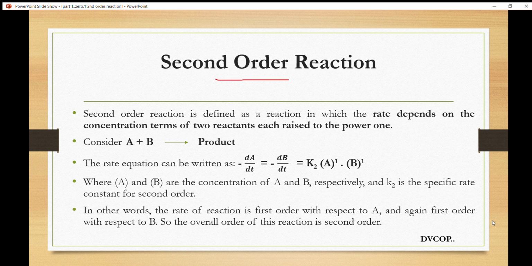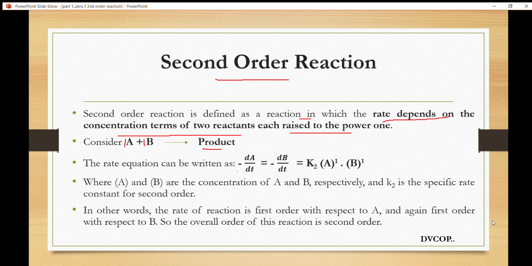Second order reaction is defined as a reaction in which the rate depends on concentration terms of two reactants, each raised to the power 1. Consider 1 mole of reactant A reacting with 1 mole of reactant B and giving the product. The rate equation can be written as minus dA upon dt.